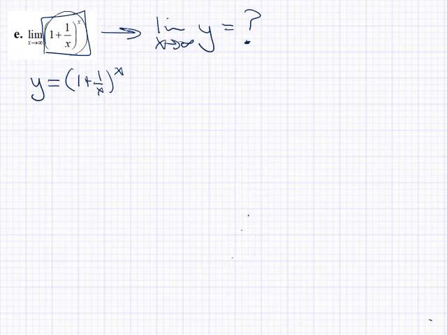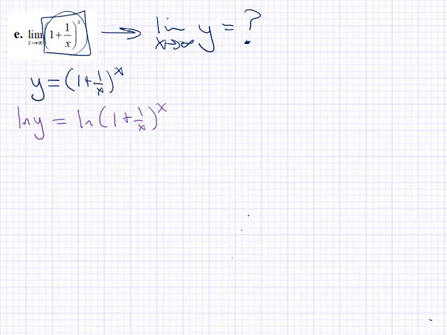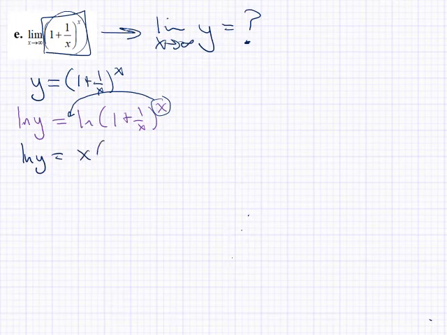First thing I'm going to do is take the log of both sides of this equation. Why do I do that? Because log rules will allow me to now take this exponent and bring it out to the front here. So I have the natural log of y equals x times log of 1 plus 1 over x.